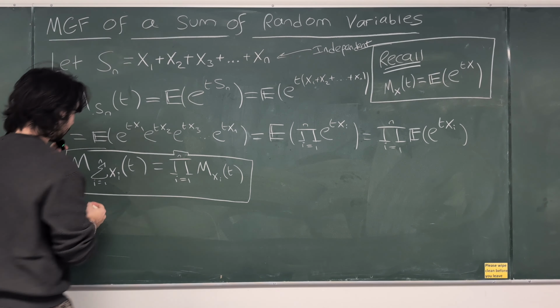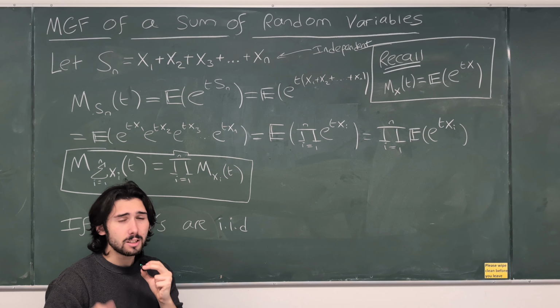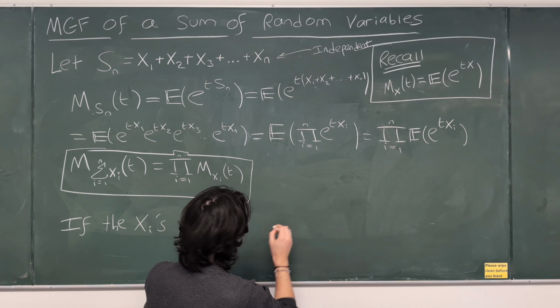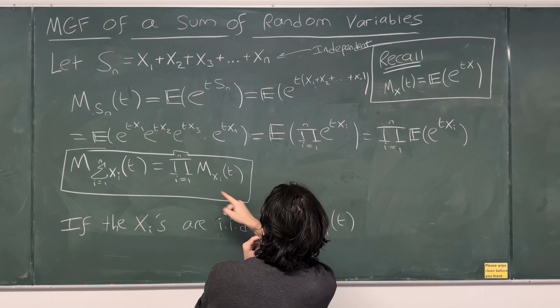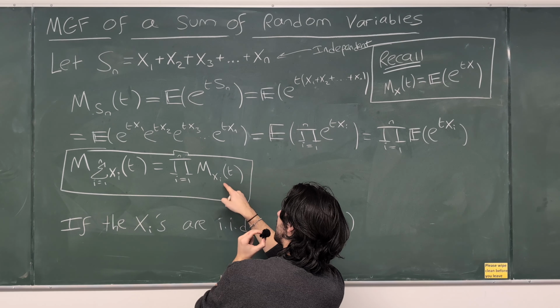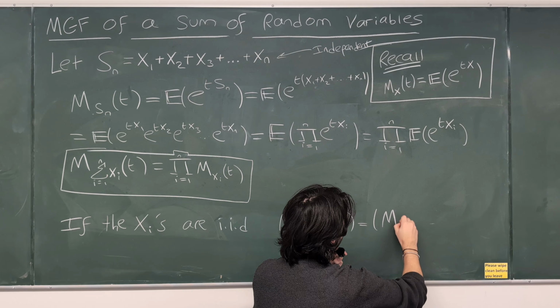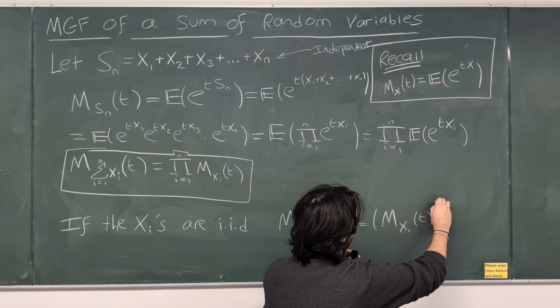If the xi's are IID, that means independent and identically distributed, then the moment generating function of the sum is the product of the moment generating functions, but all of these things are the same. So this is equal to the moment generating function of just any one of them, let's say the first one, of t to the power of n.